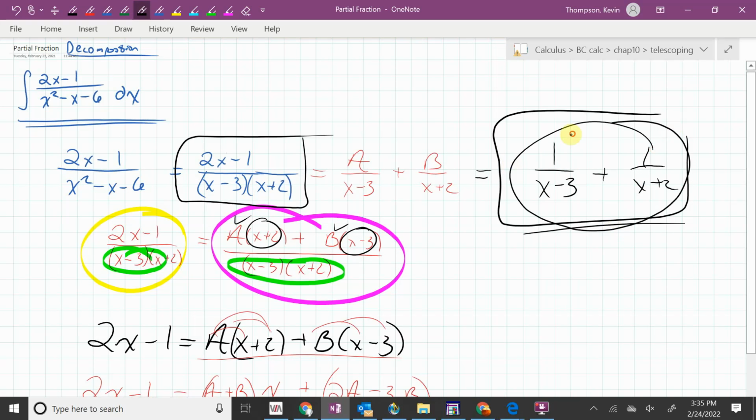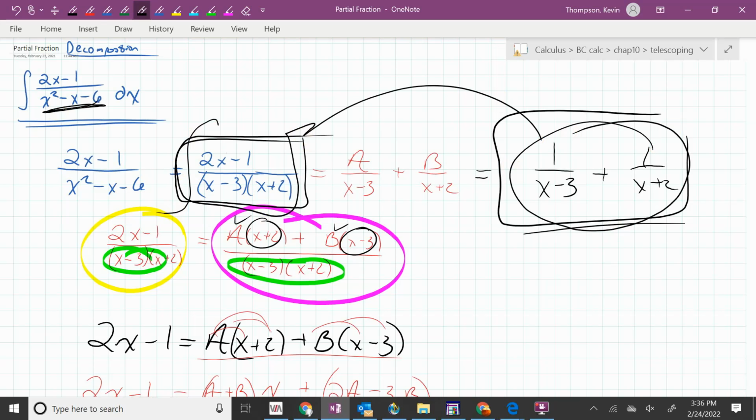If you make a common denominator here, you should finish then with this. So if I'm trying to integrate something I don't understand that factors in the denominator, I should maybe think partial fraction decomposition. Because then if I do the partial fraction decomposition, I can integrate these pieces, which are a lot easier.